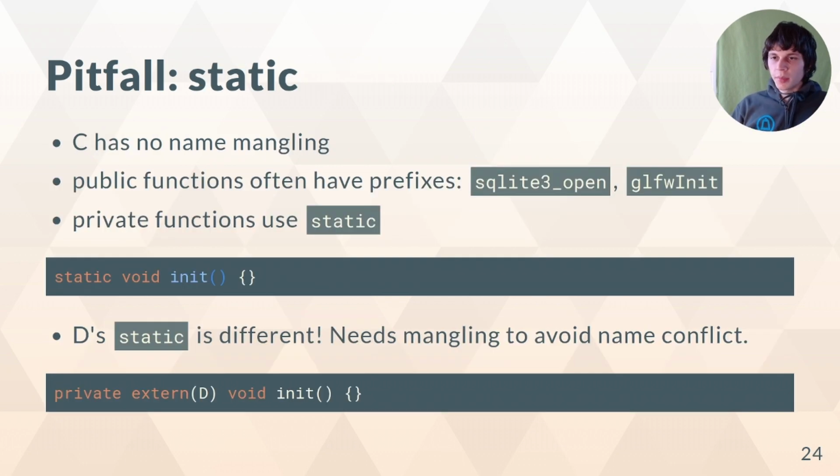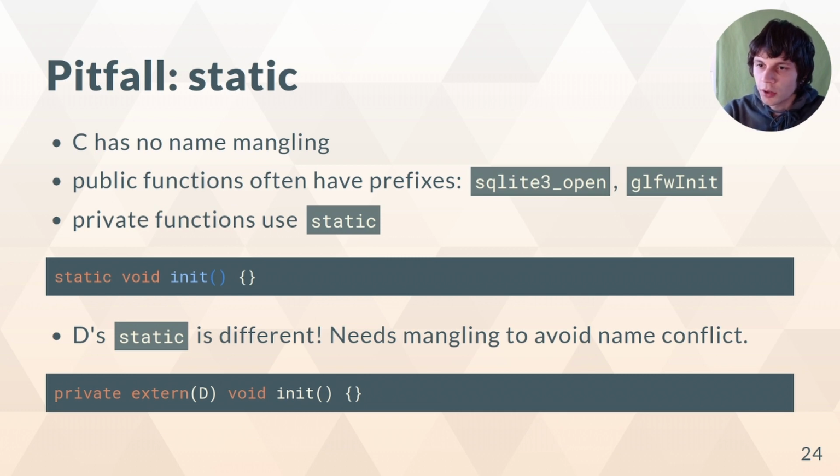C has no name mangling, unlike D, which encodes the module name and types of a function into the function symbol that it exports. Therefore, in C, if I call my function open or init, and someone else calls a function open or init in a different file as well, it will cause a name conflict at link time. Therefore, public functions often have the library name prefixed to them, such as sqlite3_open or glfwInit.